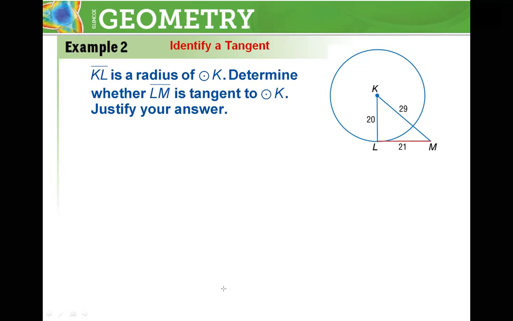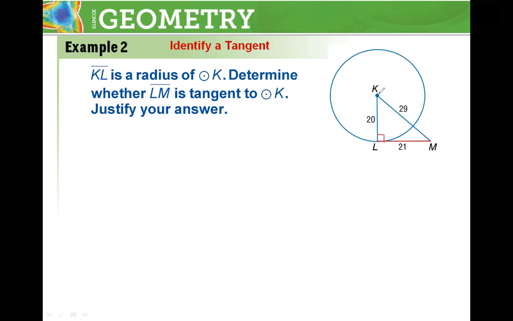This line is a tangent if this angle is 90 degrees. So we want to prove that this angle is 90 degrees. How do we prove it?